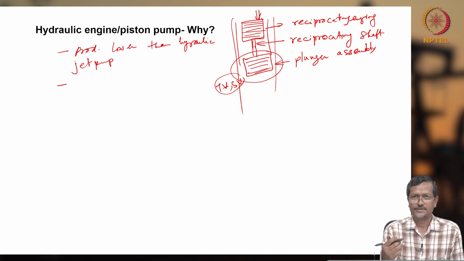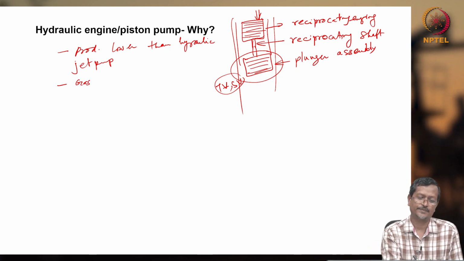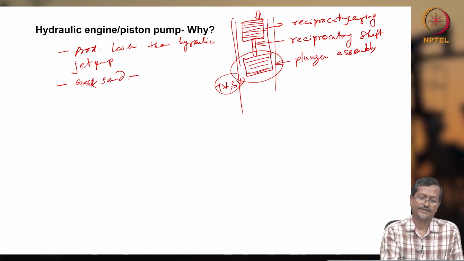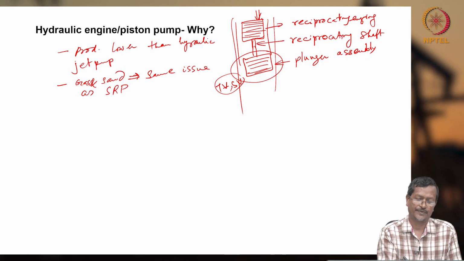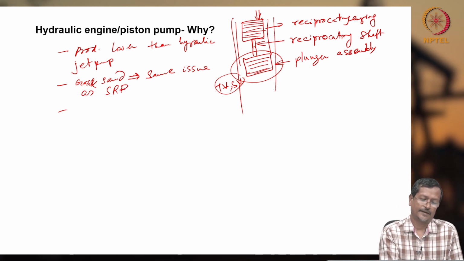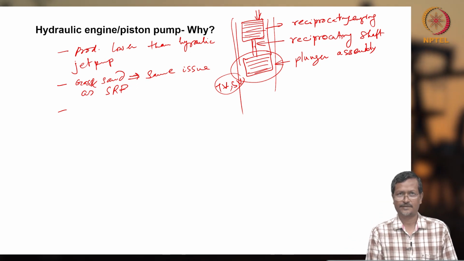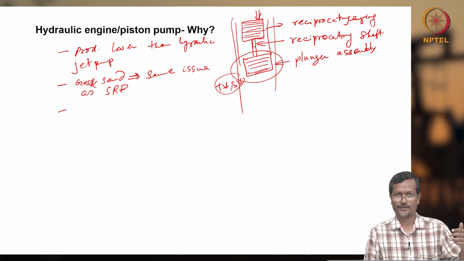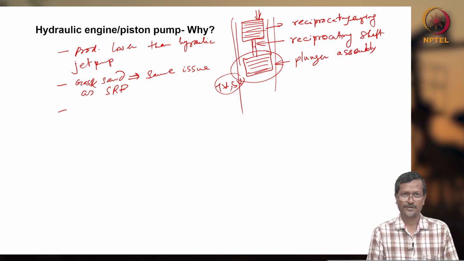Now the sucker rod pump faces gas issues. Gas and sand, the same issue will be there as with the SRP, sucker rod pump or beam pump. But on the positive side, it can pump long wellbores and deviated wellbores. All these things can be done using your hydraulic engine pump.